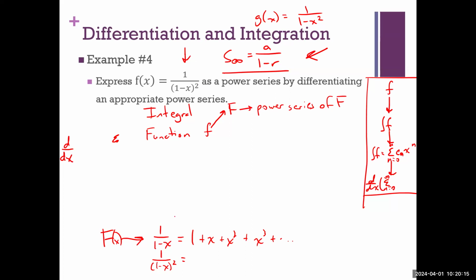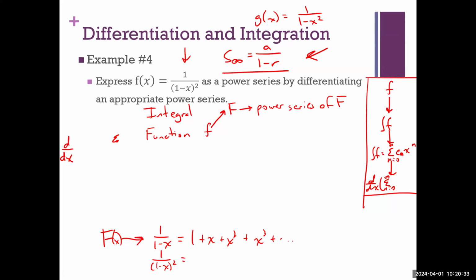So because that exists, it's much easier for us to take capital F and turn that into a power series, because it's in a form that's a lot more conducive to do that with.